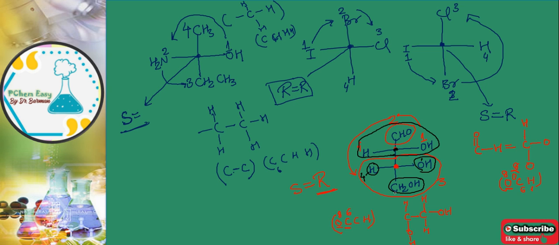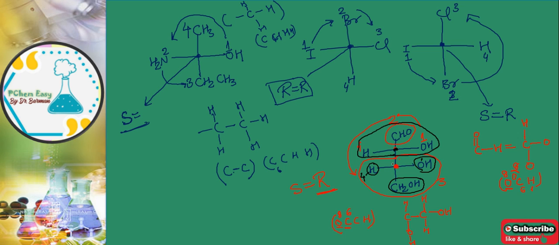So now we have to expand this group. CH2OH we have already seen here. So for this one, this is the group, and for this one, this is the other group.